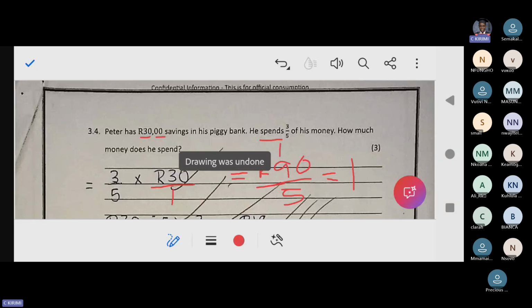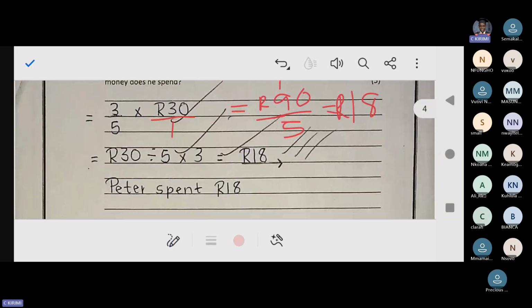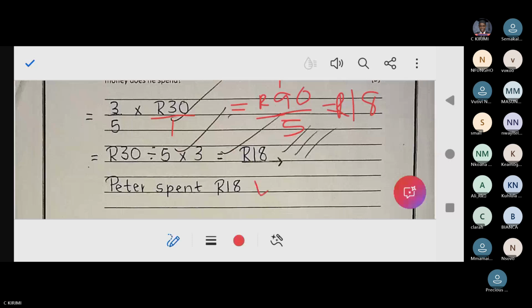So you write your 1 there. Remainder 4. Then 5 goes into 40 8 times. If it goes into 40 8 times, then your answer would be 18, which is 18 rands.